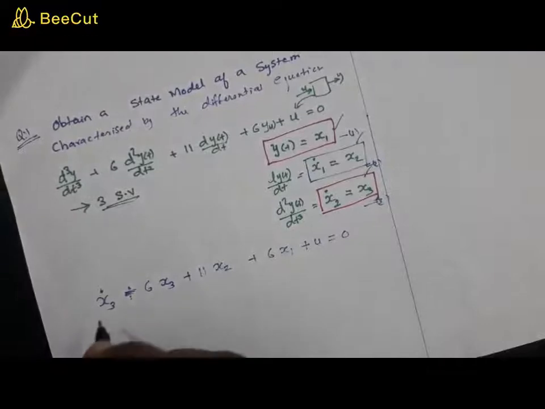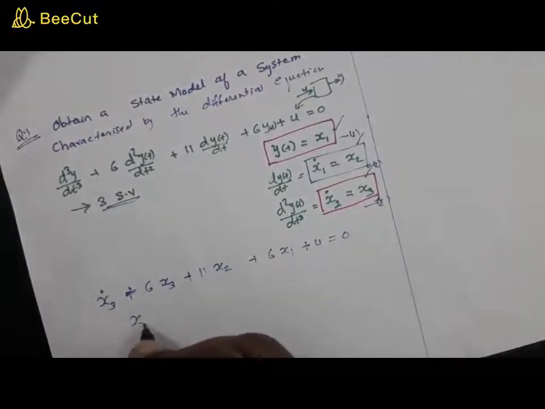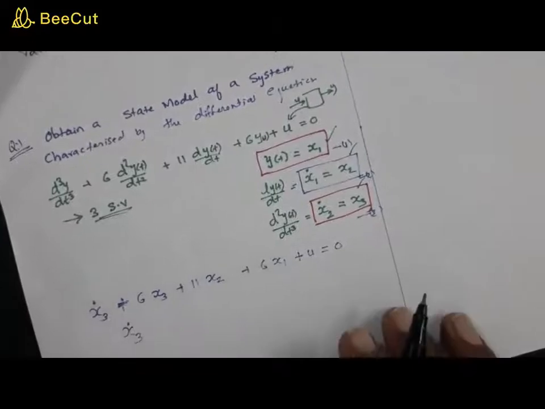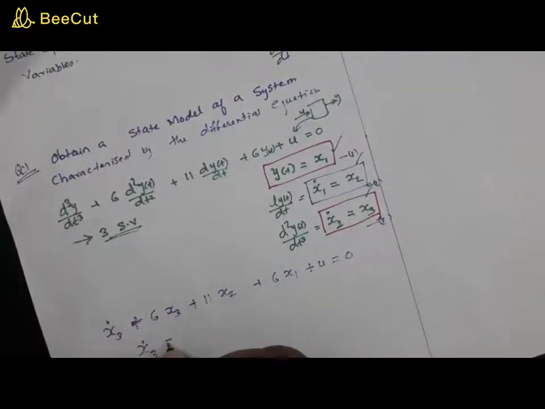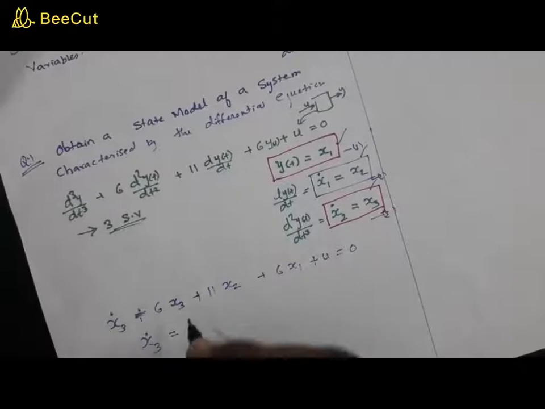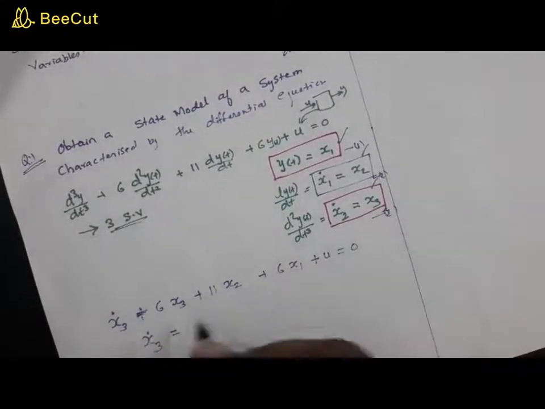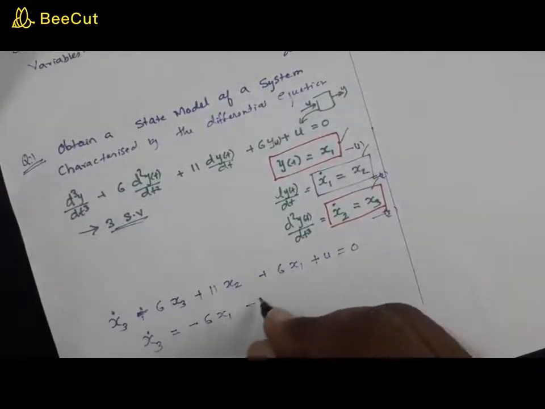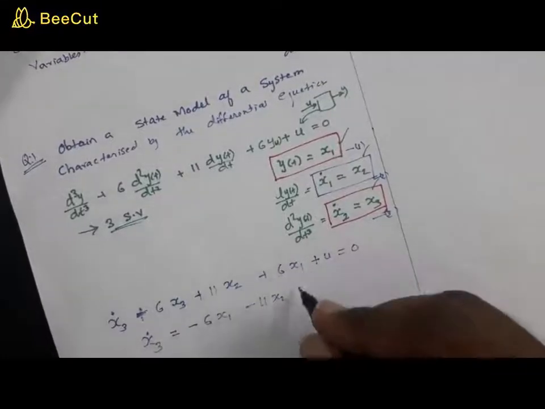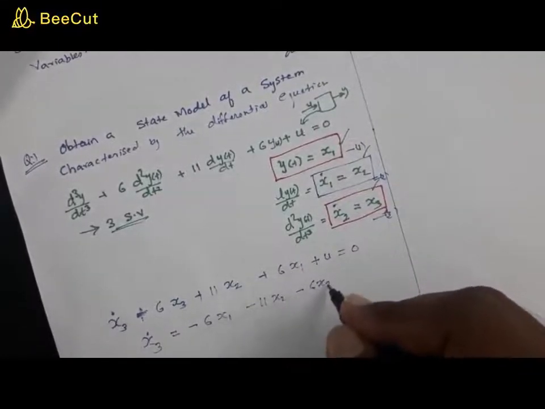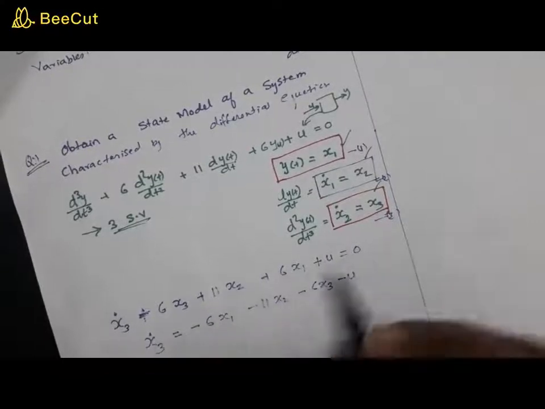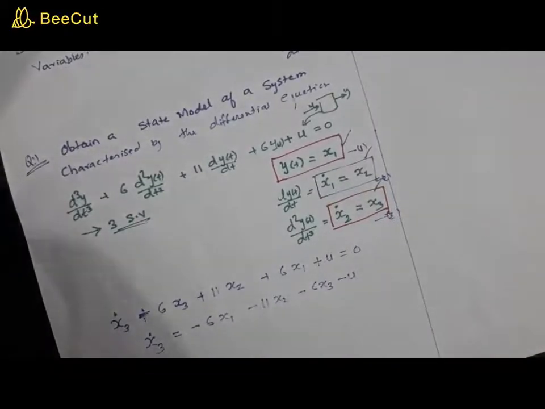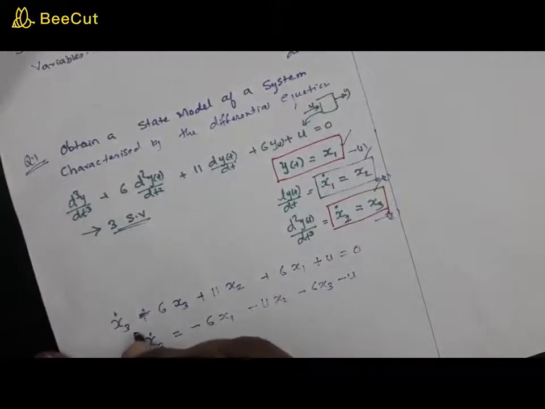Now from this you can find out what x3 dot is. You can bring all these things down over here. This is very simple, right? That will be minus 6x1 minus 11x2 minus 6x3, and minus u. So that's it. This must be your x3 dot.